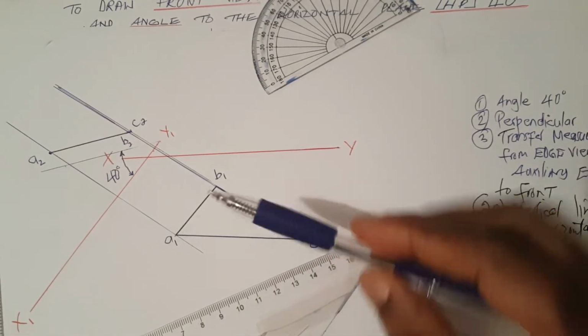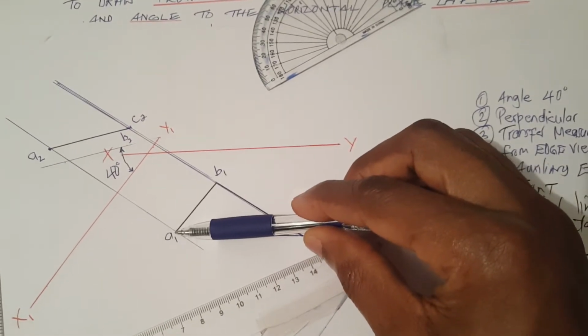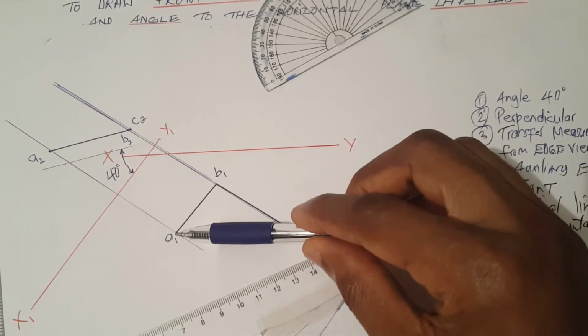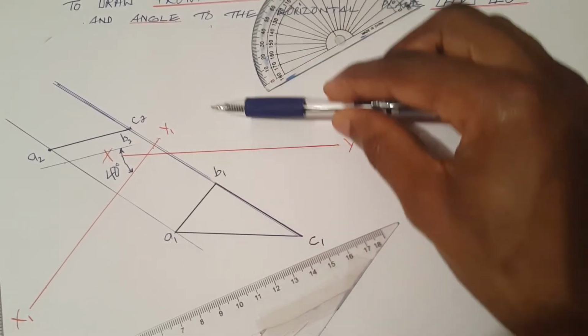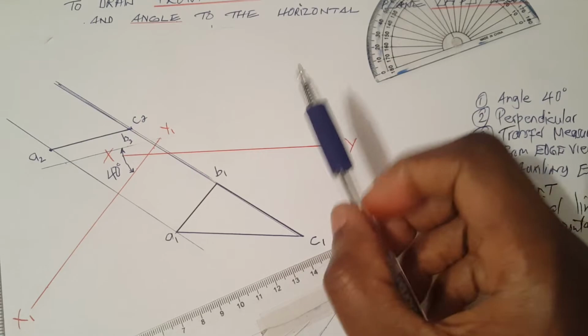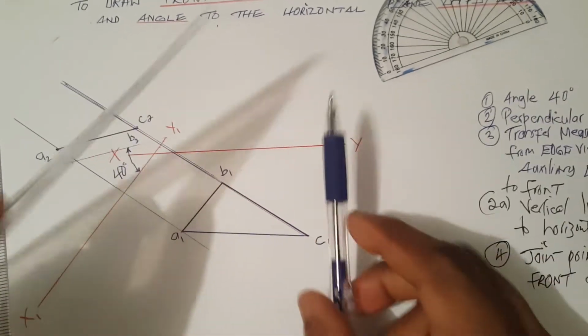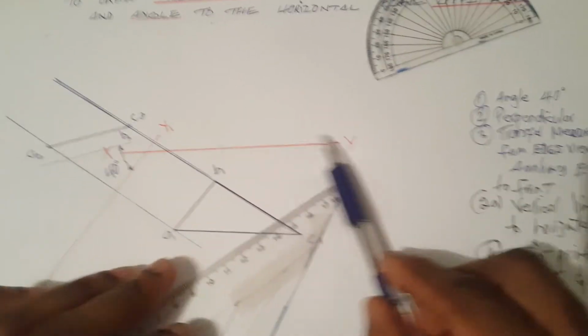My next step is to draw lines through the plan at A prime, B prime, and C prime. These lines again should be perpendicular to the XY line.